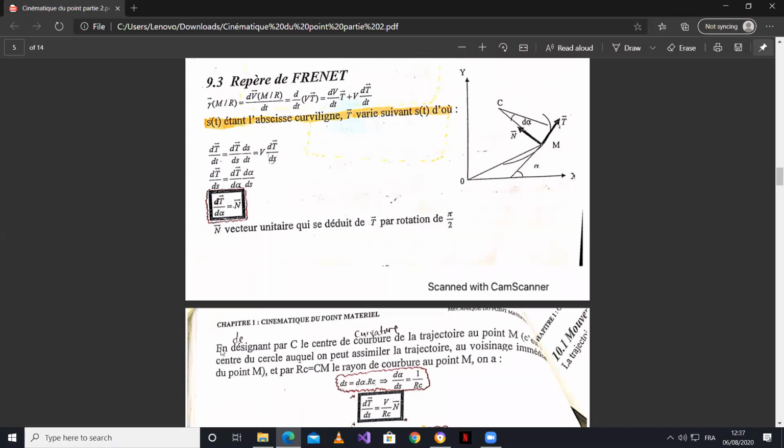I don't know how that calculation came about. Oh, we just divided. You see, you have ds is equal to d alpha multiplied by RC. If I divide throughout by ds, I'll have 1 on this side, and on this side d alpha multiplied by RC over ds. Then when I take the RC to the other side, I'll remain with d alpha over ds on one side being equal to 1 over RC. Oh, all right.